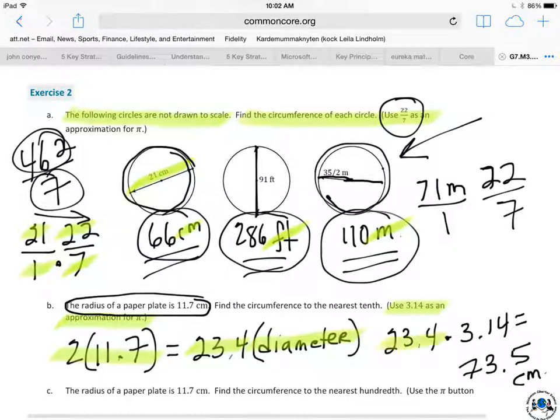Now that I have my diameter, I can multiply that by 3.14 and end up with 73.5. Okay, 73.5, because they asked me to get my circumference to the nearest tenth. That's my tenths place there. And again, of course, I used my units, which was centimeters.